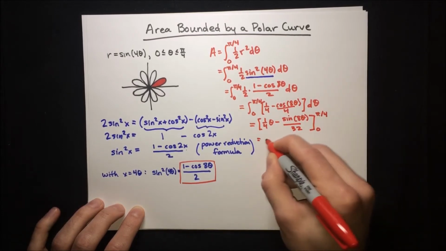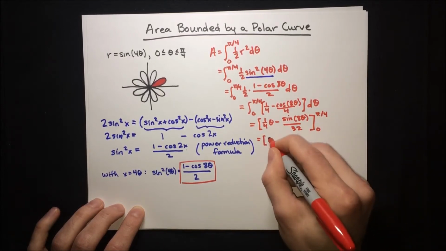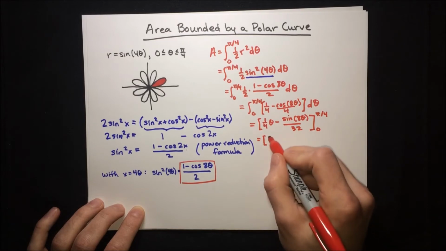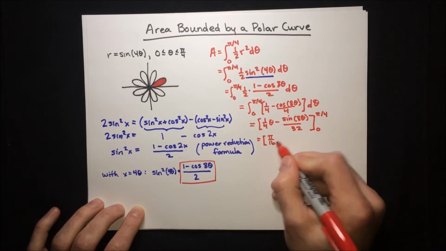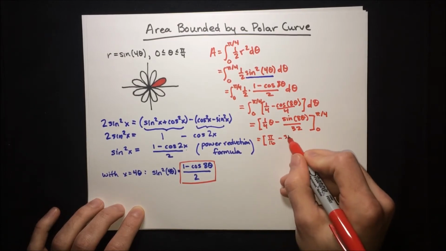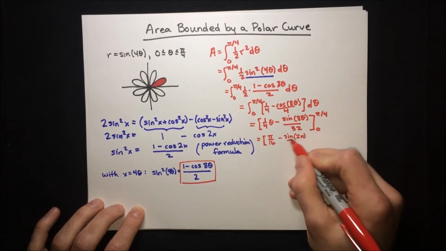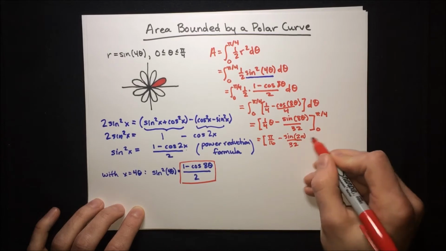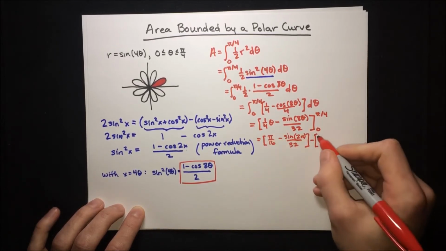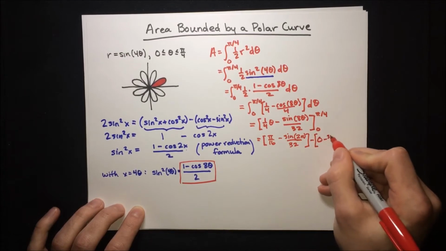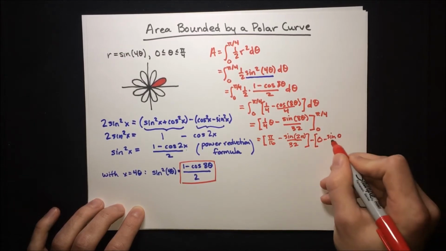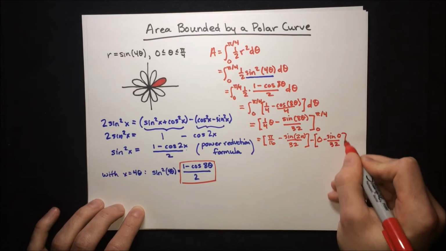So evaluating at pi over 4, we've got a fourth pi over 4 is pi over 16, then minus sine of 8 times pi over 4 is 2 pi over 32, then minus evaluated at 0, so that's just 0 minus sine of 8 times 0 is 0 over 32.